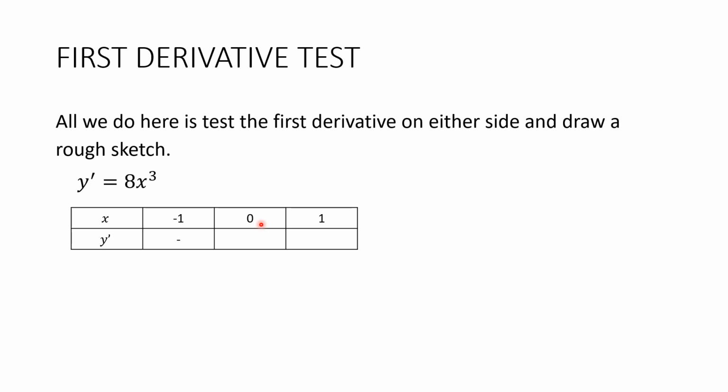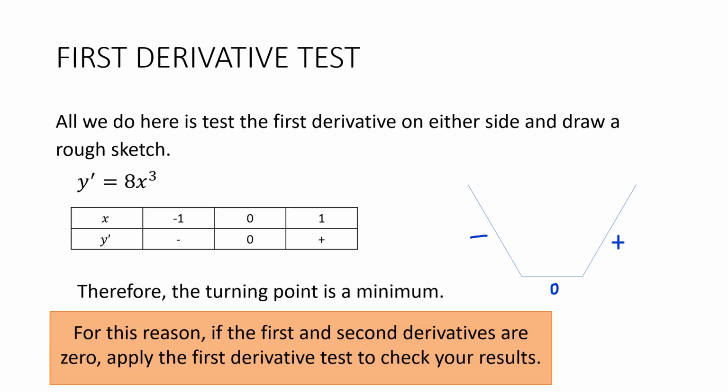When we put 0 in, we get 0. And when I put 1 in, I get positive 8. And a quick sketch, negative slope, stationary, positive slope. It's a minimum. For this reason, if the first and second derivatives are 0, apply the first derivative test to check your results.